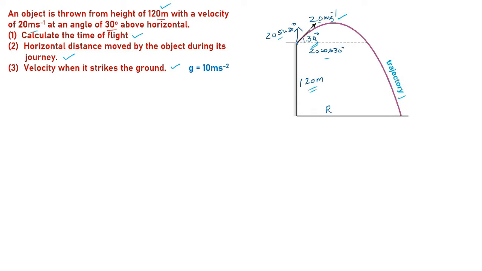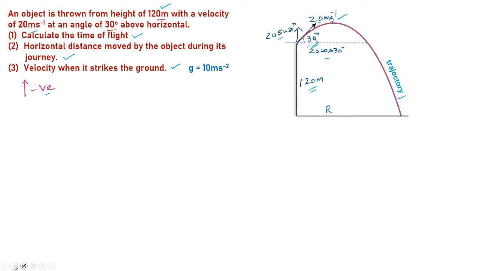It is better to consider sign convention whenever the motion involves two directions, one opposite to the other. See here, the projectile first goes up, then it comes down. So you give a sign convention, which can be anything. Here, upward negative: all distances, velocities, acceleration, if upward, are negative.